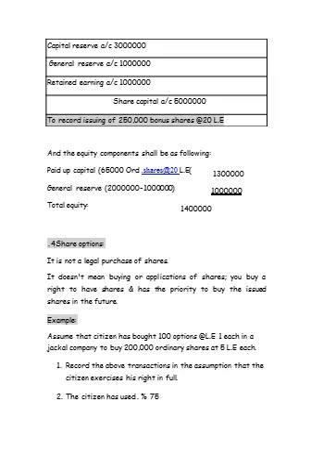So to record the issuing of 250,000 shares at 20 pounds each, the equity component shall be as follows. In the balance sheet, we have paid up capital.